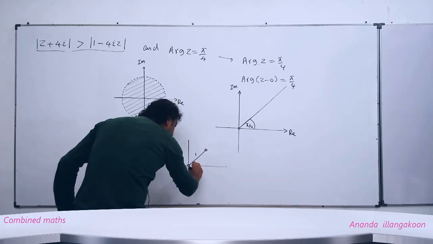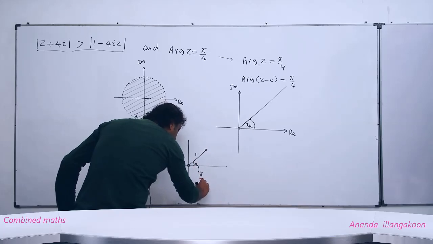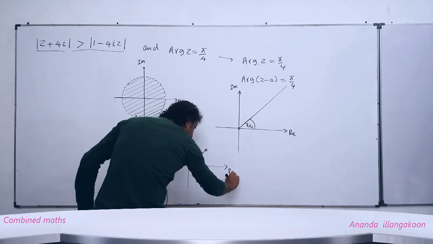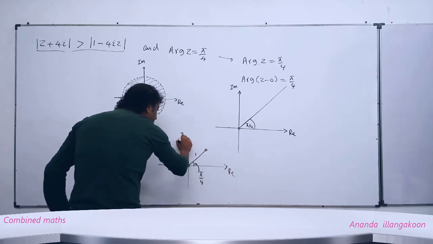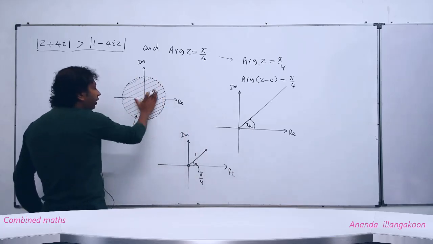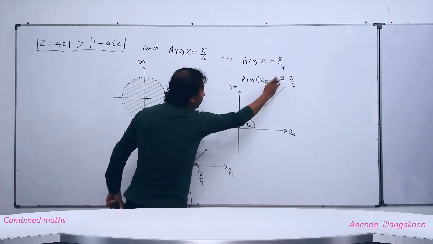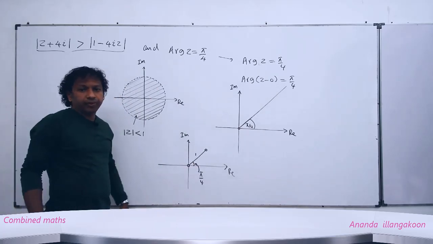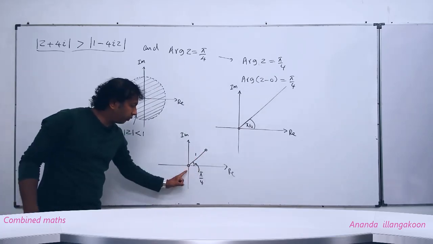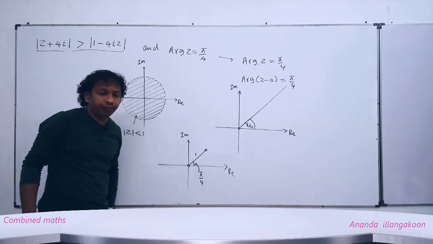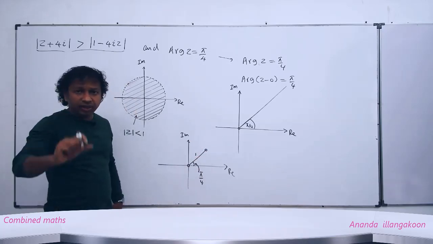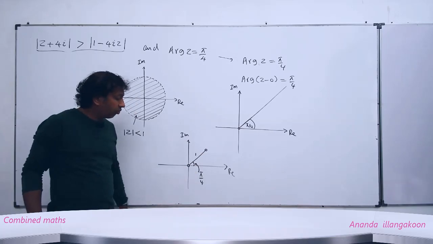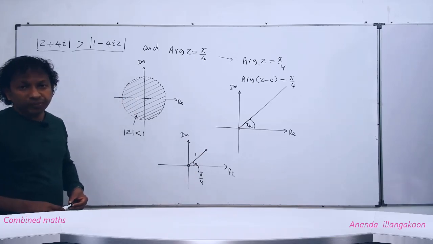This is 1, this is pi by 4. It is a common region for both: inside the circle and this line, this portion of the line, excluding both the extreme points of the line segment, of 1 unit length, making an angle pi by 4. Understand?